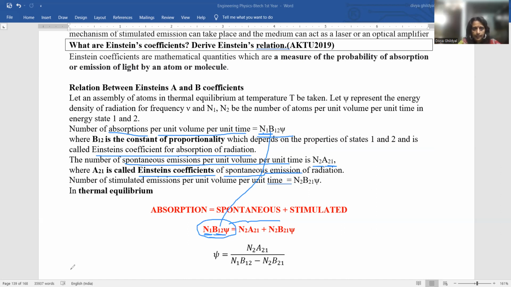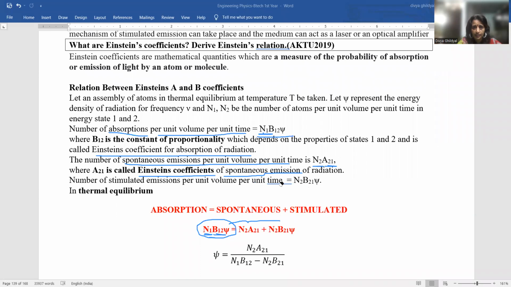And then lastly, number of stimulated emissions per unit volume per unit time is N2 B21 phi, meaning how many stimulated emissions took place, how many spontaneous took place. I hope this equation is very clear to you.